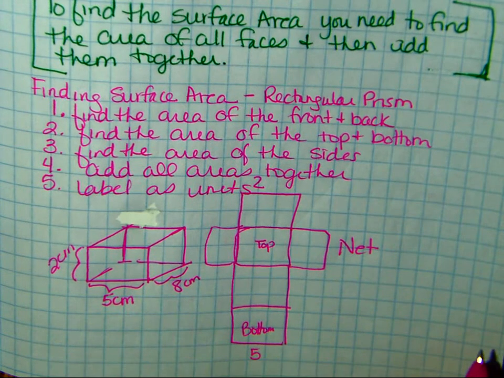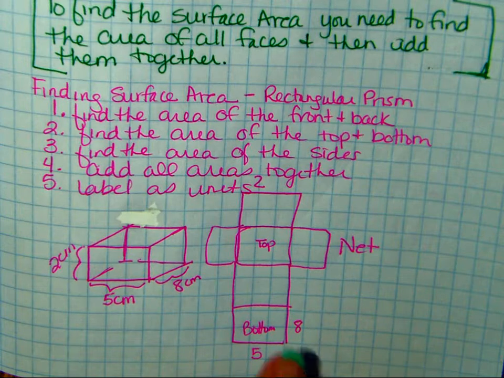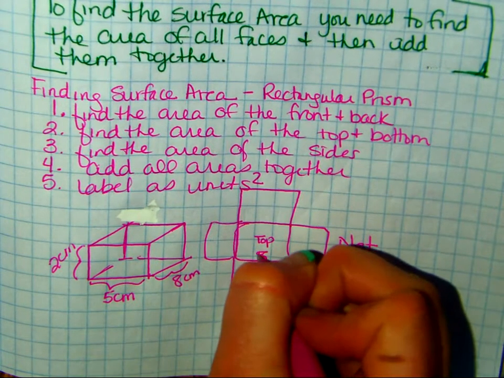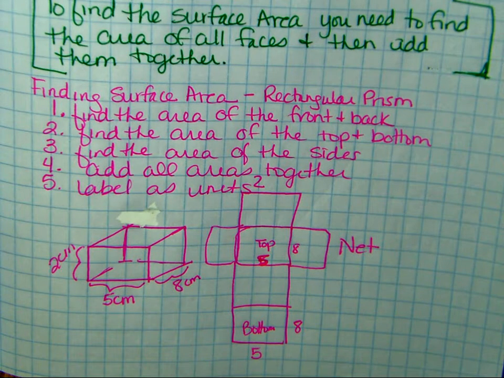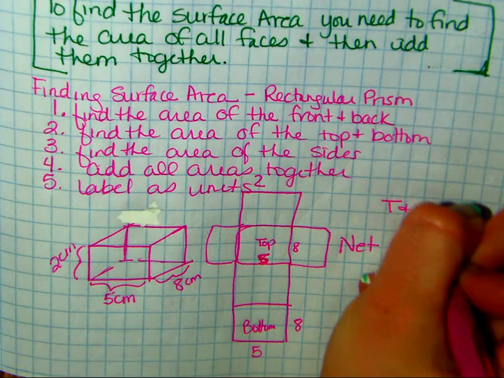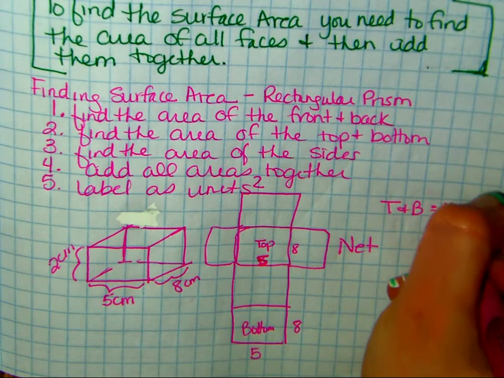The length of it would be 8 centimeters, and the width of it would be 5 centimeters. That works. So this one and this one would be 8 and 5, or 5 and 8, because they're the same. Class, what is 5 times 8? 40. So we have now that the top and bottom are 40 each.